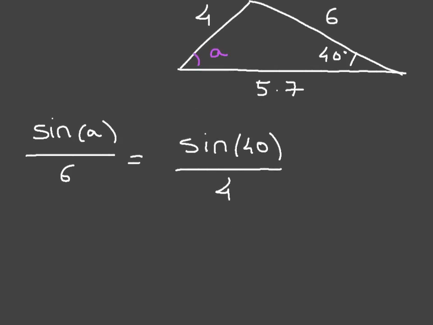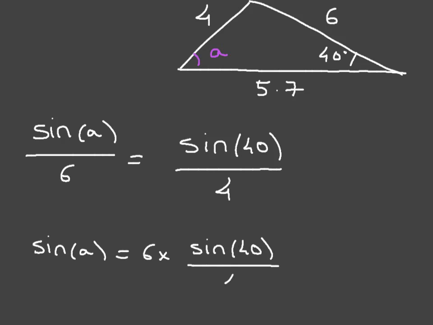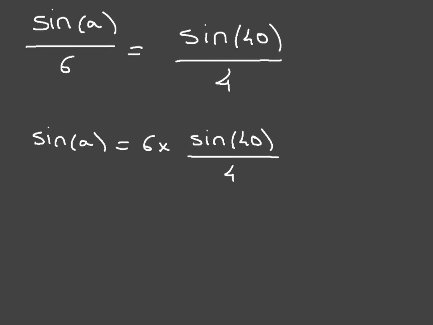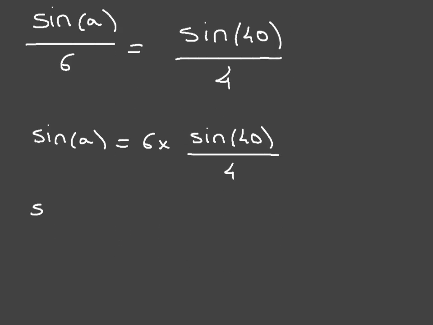We can now rearrange this. If we multiply both sides of this equation by 6, it turns into sine of A is equal to 6 times sine of 40, divided by 4.